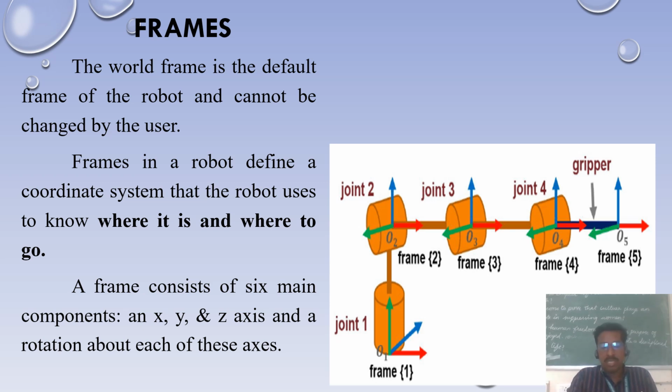So all are measured in a particular axis: the x-axis, y-axis and z-axis in three dimensions. The frame consists of the main 6 components: x, y, z axes and a rotation about each of these axes. Not only the axes x, y, z, but also the rotation about each axis is measured.